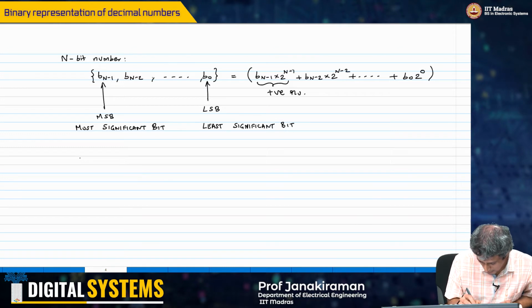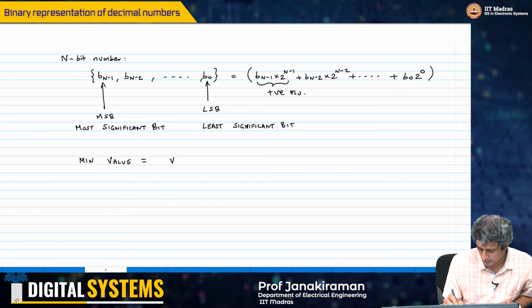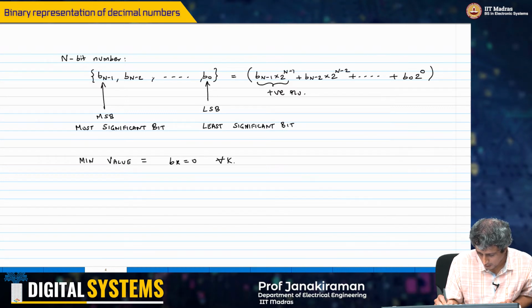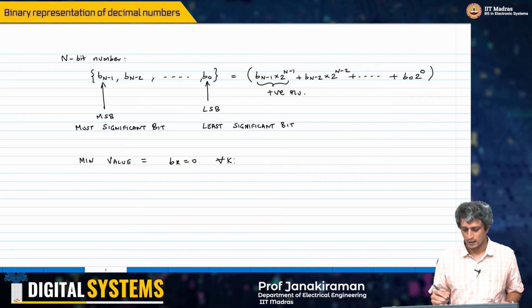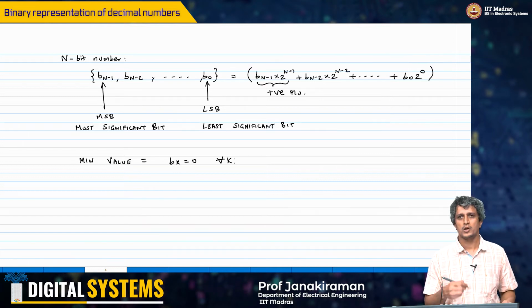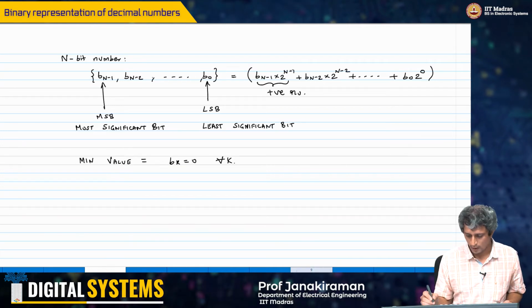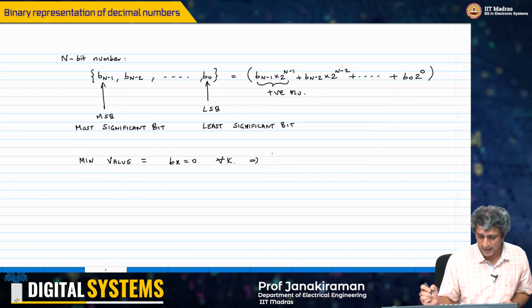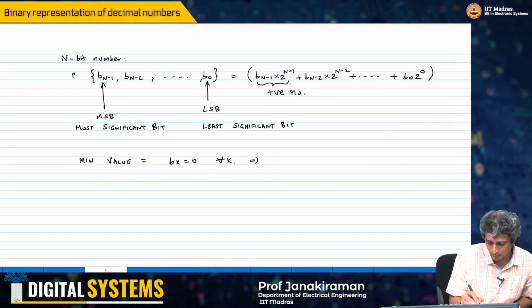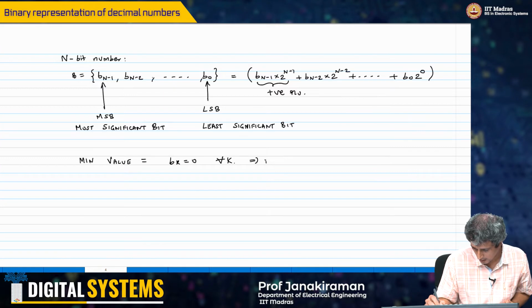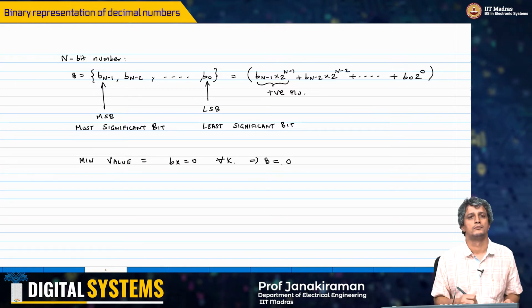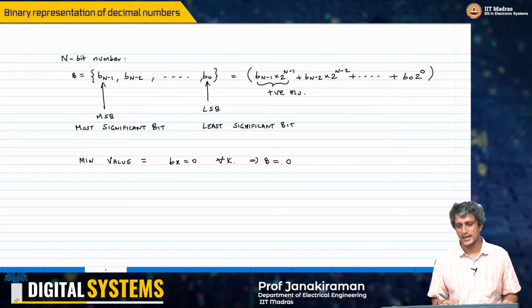So, the minimum value is all bk equal to 0 for all k. So b0, b1, b2 all the way to bn minus 1 are 0, which implies this binary number b equals 0 in decimal.